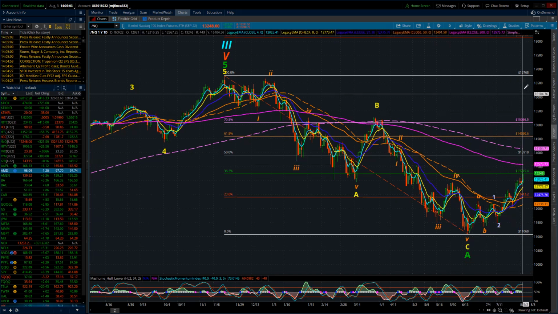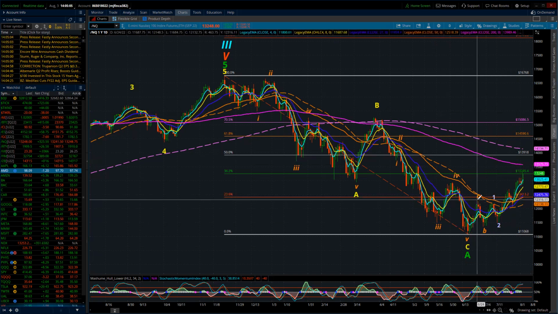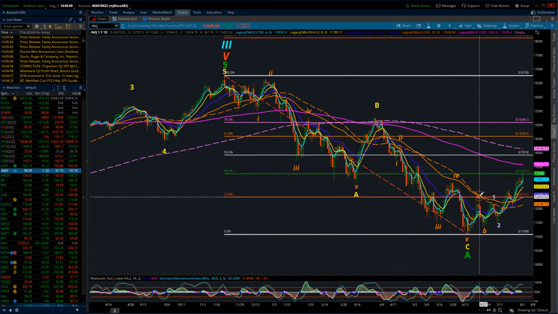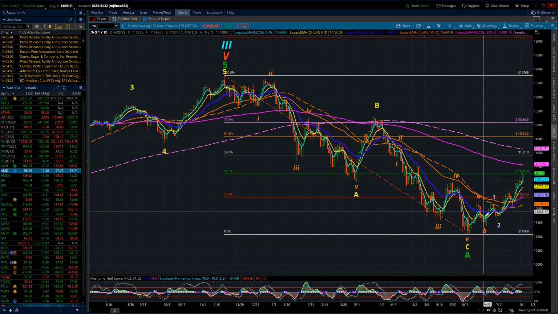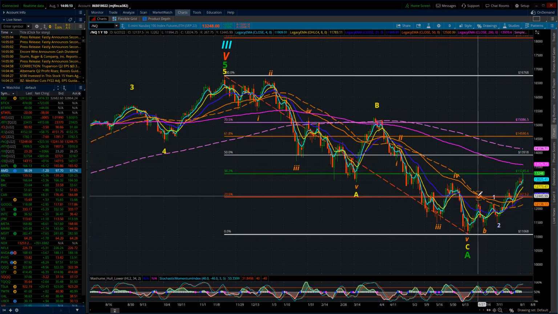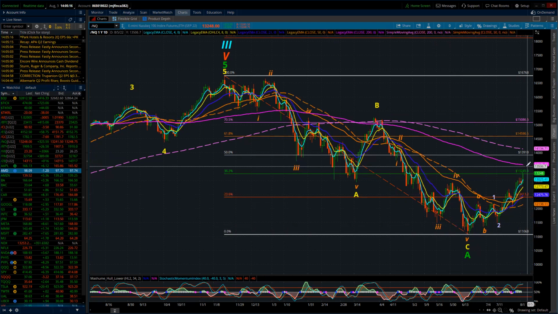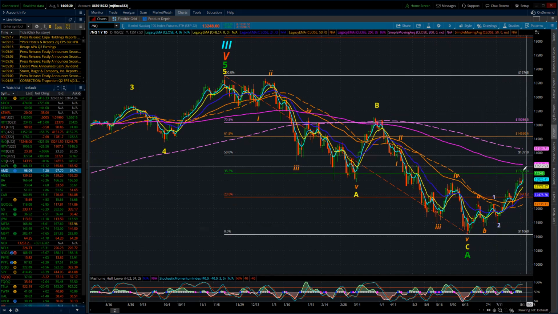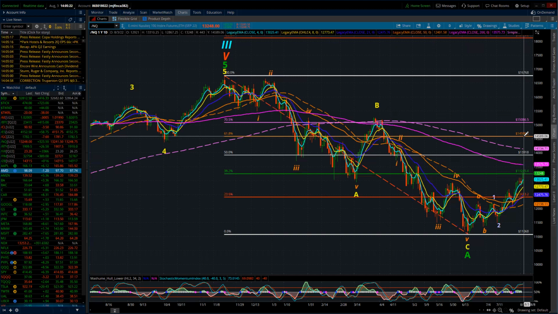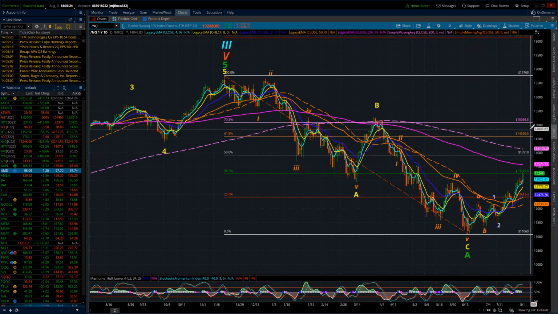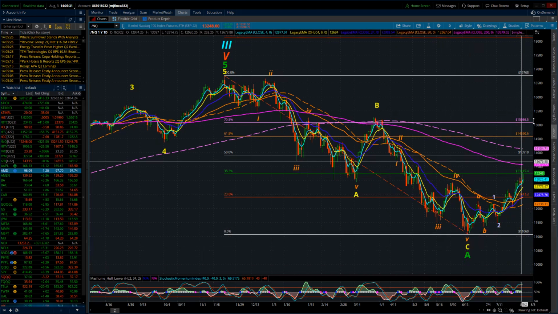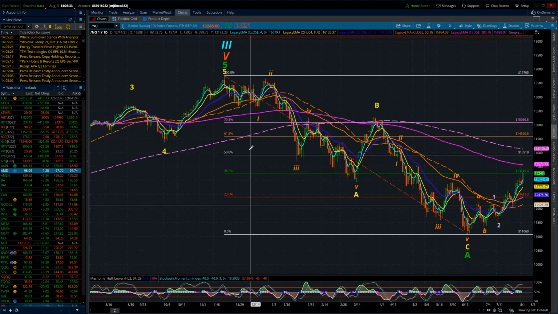And it would be a counter-trend rally. So within that initial intermediate wave A, it seems pretty clear, but it could be that instead of being an ABC, this is a 1 and a 2, and then we get a 3rd and a 4 and a 5, and that then would be intermediate wave A of primary wave B. And then the whole B wave would be more of a zigzag instead of a flat.